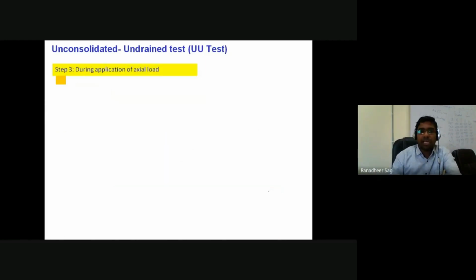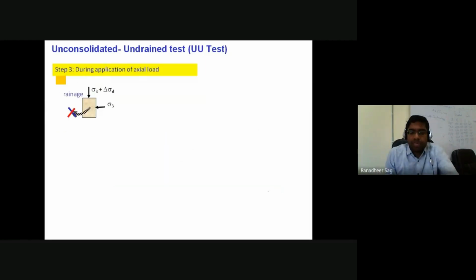In similar lines, when your axial loading is applied, which is trying to cause the shearing in the soil sample, that axial load is what we call your deviatoric stress. So when the deviatoric stress is applied, the shearing is happening in the soil sample. And in the process of shearing the soil sample, apart from the existing pore water pressures in the soil sample, due to that additional deviatoric stress, some more excess pore water pressures are getting developed in your soil sample.